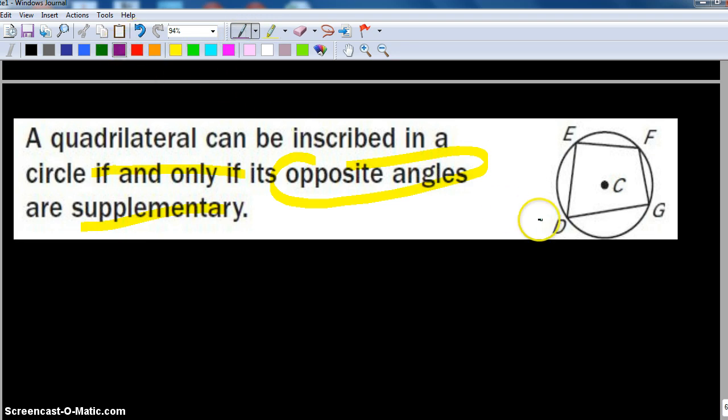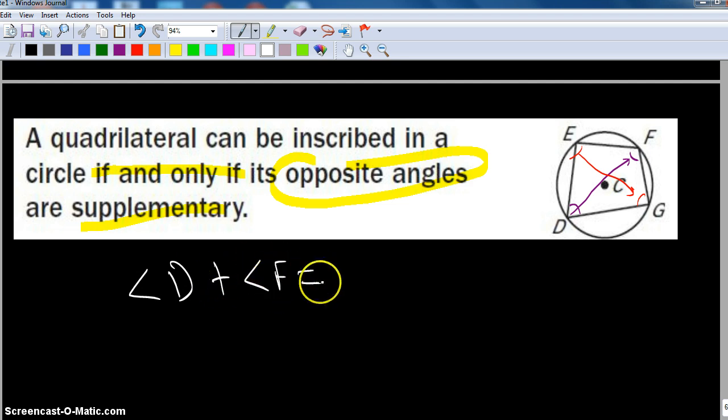First, opposite angles. Here's D. Opposite would be way over here. So D and F are opposite. Angle E, opposite would be way over here at G. So they're pretty much saying that if you get angle D and you add it to angle F, you get supplementary, and supplementary is 180.